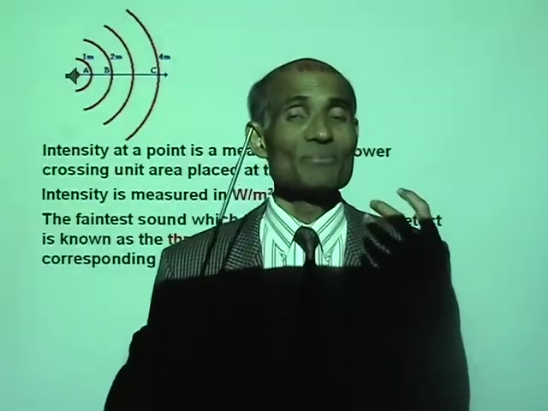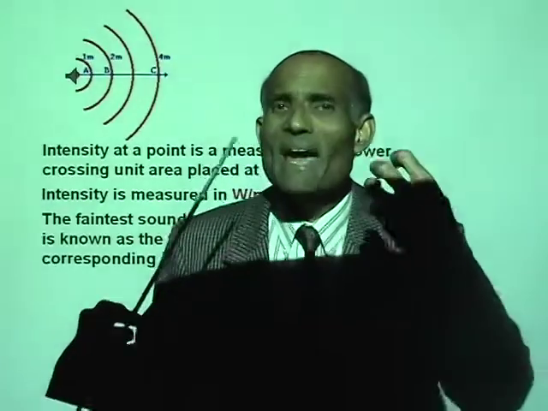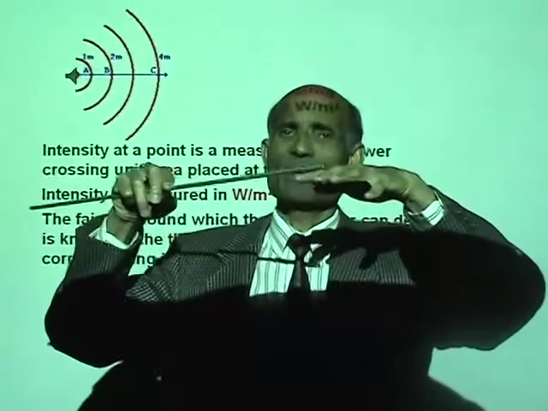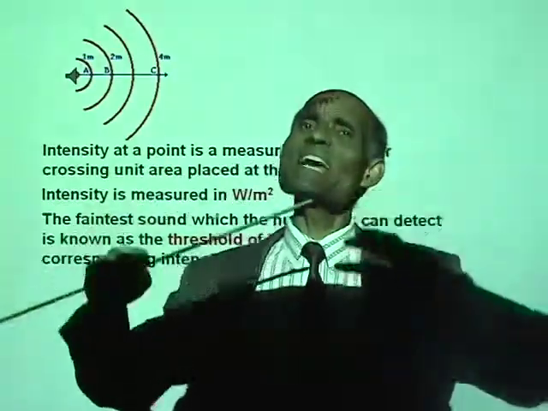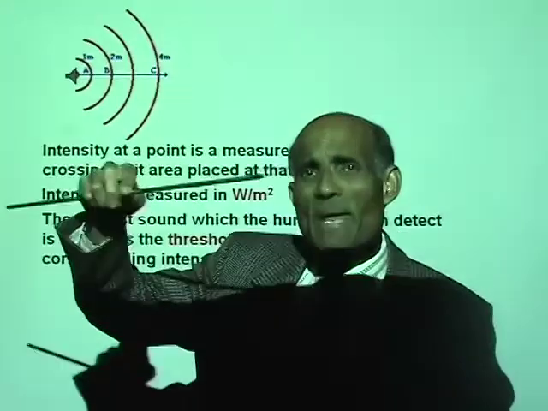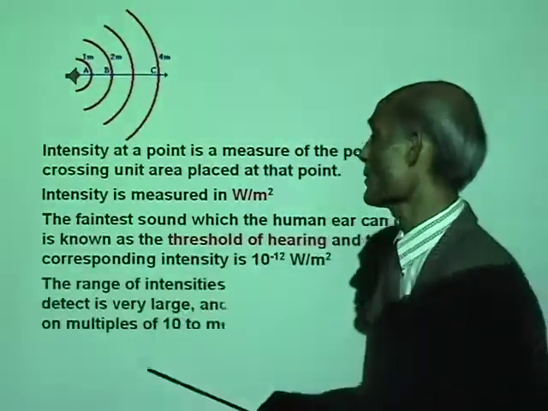Well, barely. A sound that you can barely hear is called the threshold of hearing. You cannot hear sound of intensity less than that. So the threshold of hearing is the minimum intensity that is audible to our ear.